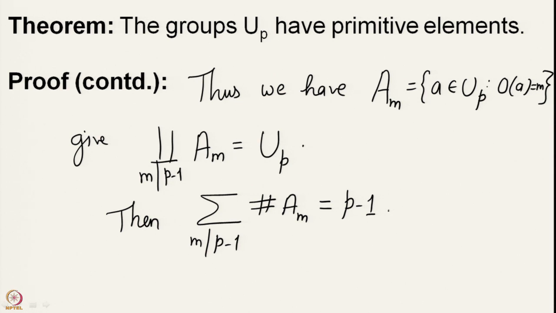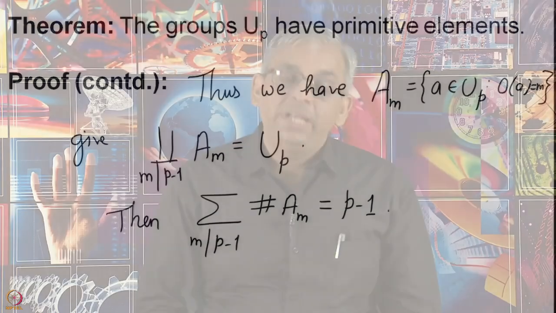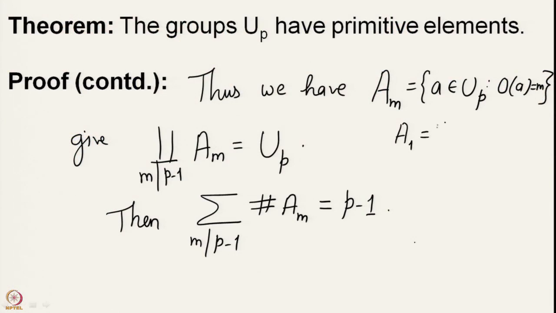It tells you that when you take the summation of the cardinalities of Am. So, for instance, here you should check that A1 is only the element 1. Just to give you an example of one Am. This is the only element whose order is 1. There is no other element which to the first power is equal to 1. So, 1 is the only element of order 1.